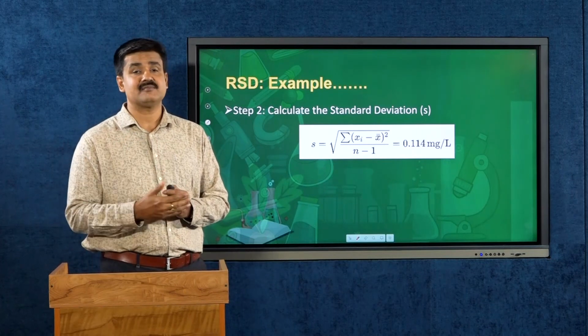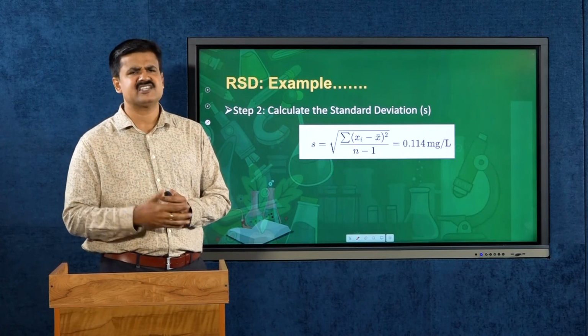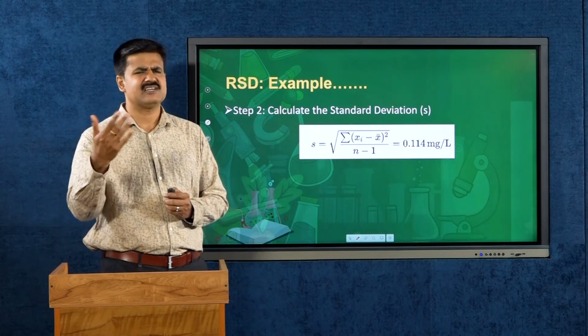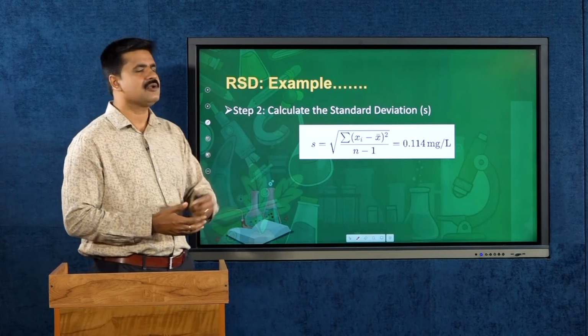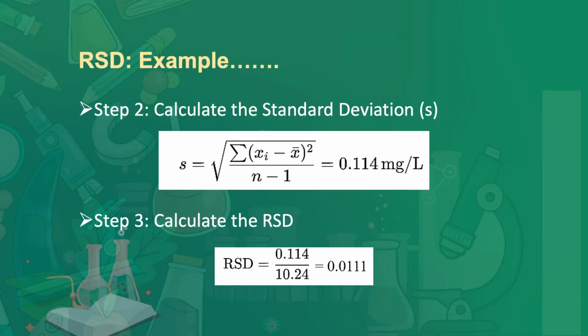In analytical chemistry we generally consider the sample standard deviation, and not the population standard deviation. You are familiar with the difference also. S can be calculated in the present problem using this expression. The sample standard deviation of the present problem is 0.114 milligram per liter.